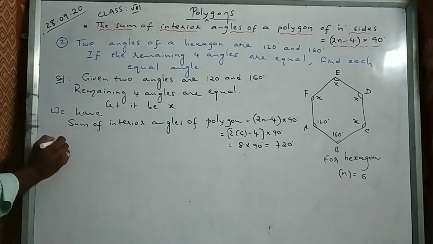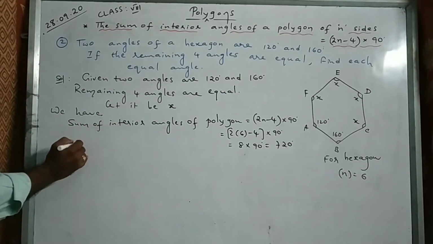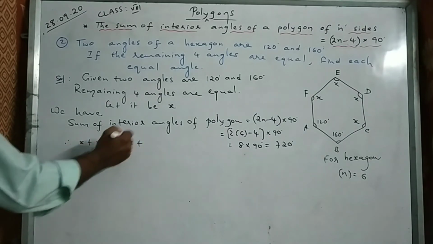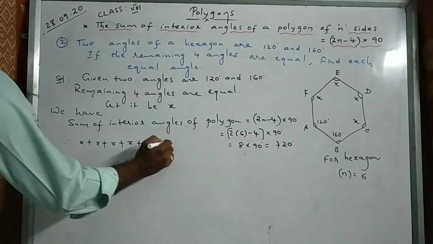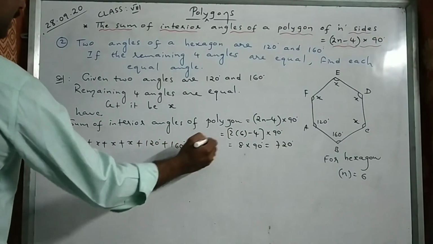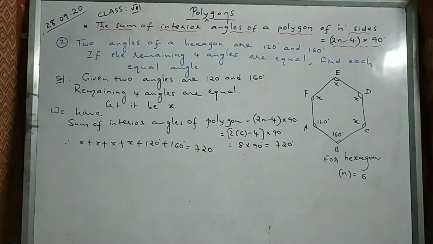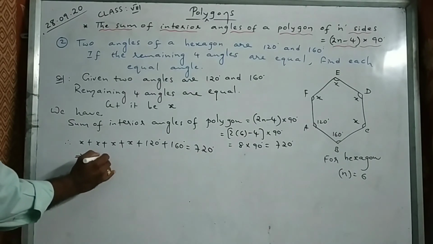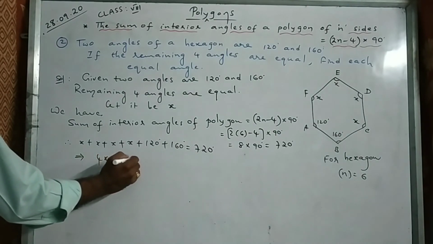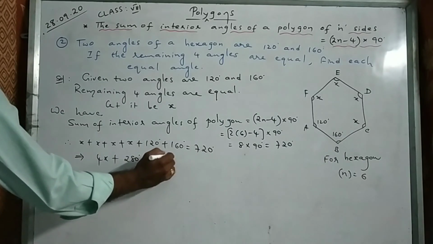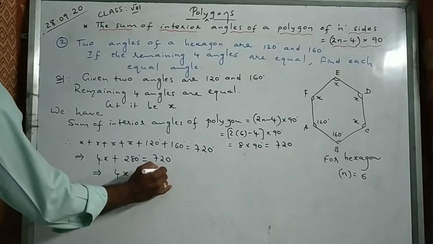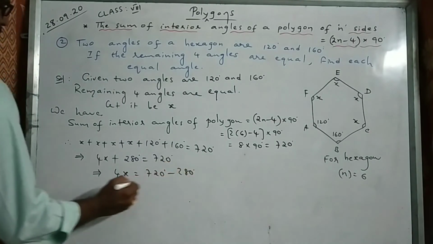720 degrees. Therefore, add them: x plus x plus x plus x, the 4 angles, plus the given 120 plus 160. All together will be equal to how much here? 720. The sum of all the 6 angles must be equal to 720. So here 4x plus 280 equal to 720. So it is a linear equation. Shift 280 to that side, minus 280.